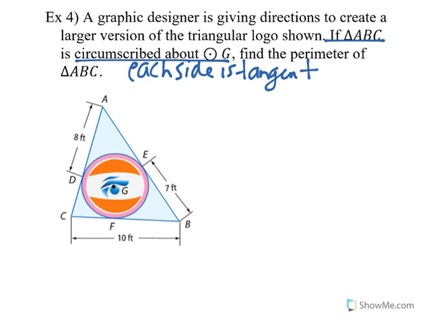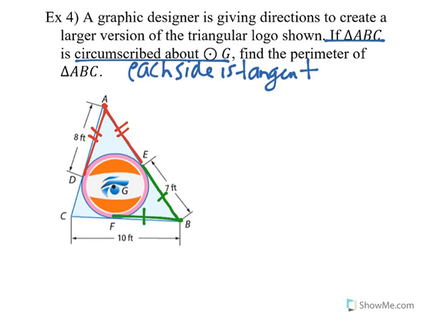So we know if each side is tangent, what I've outlined in green, those 2 segments, EB and FB, both meet at point B and are tangent, which means those 2 are congruent. Okay? We also know that AE and segment DA meet at point A and are tangent to the circle, so they are congruent.